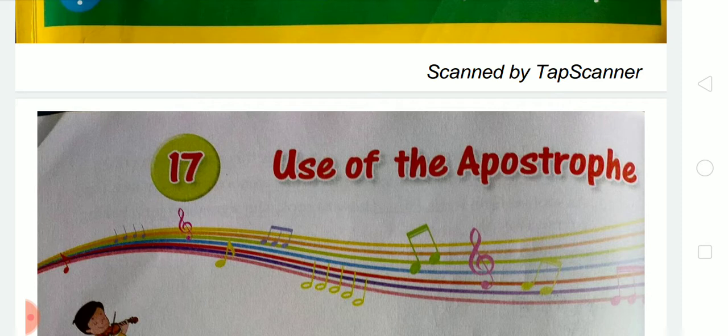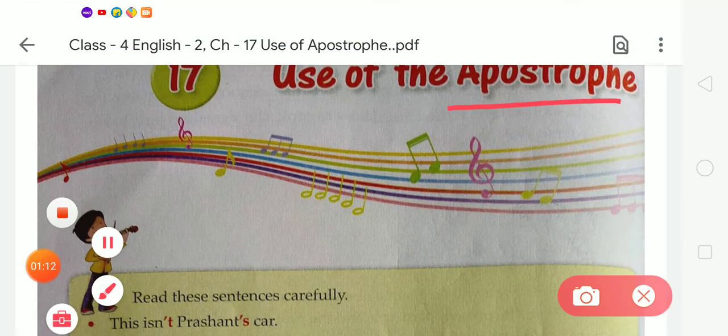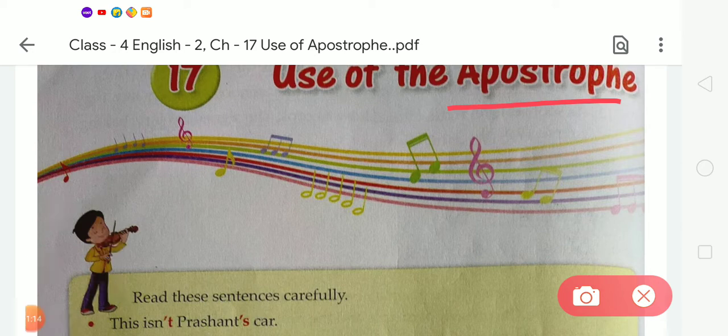The apostrophe is used to indicate omission of letters to form contractions or shorten words.